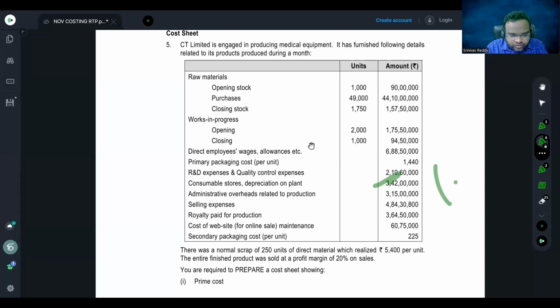Let us come to question number 5. CT Limited is engaged in producing medical equipment. It has furnished the following details relating to its products produced during a month.